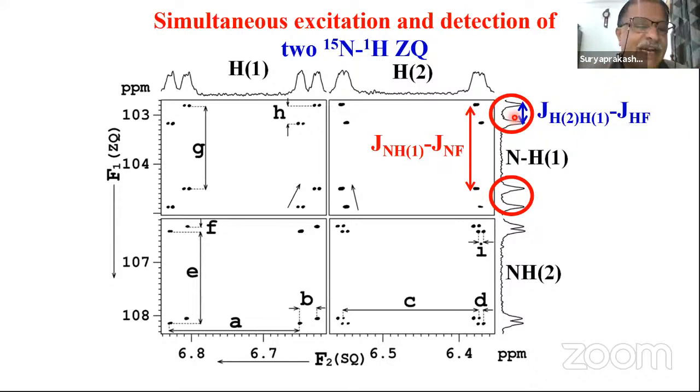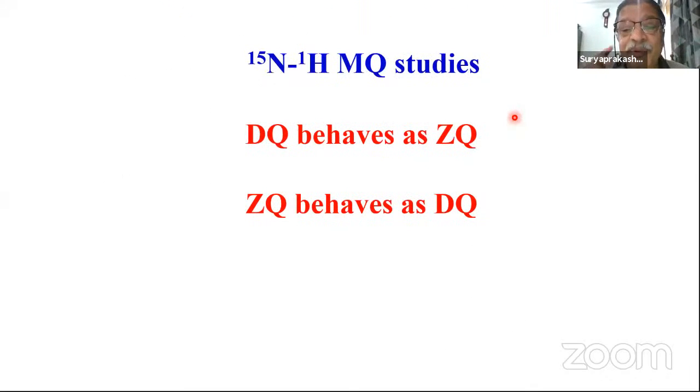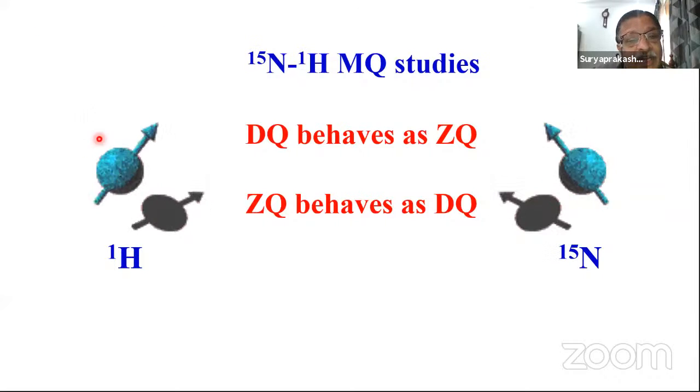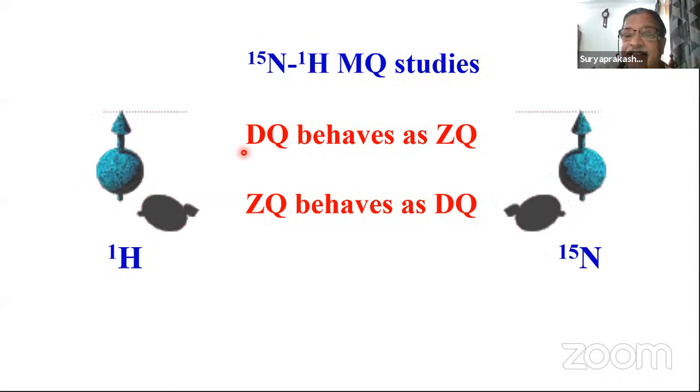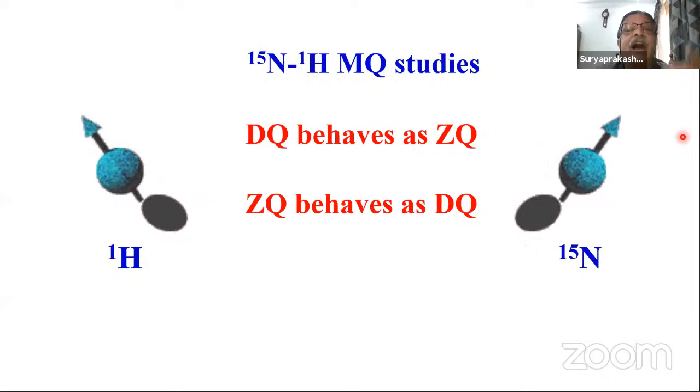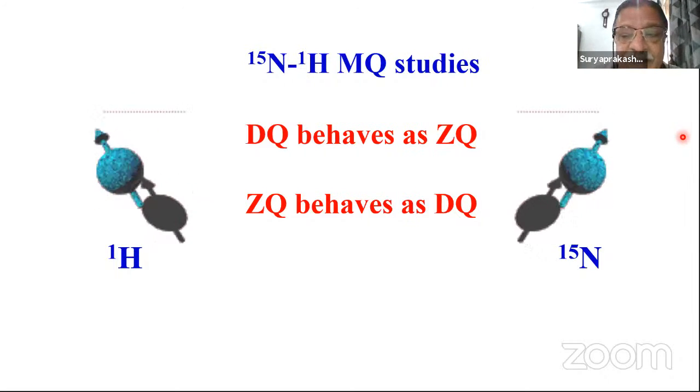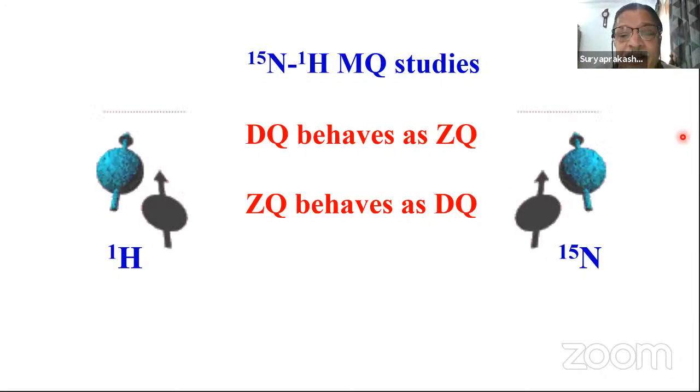Then why does it not agree with the hydrogen bond geometry? The real problem is this, and most of you chemistry students, especially beginners and research scholars, please understand: when I detect nitrogen 15, it has a negative magnetic moment. So if the proton spins in a clockwise direction, nitrogen precesses in an anti-clockwise direction in a magnetic field because of the negative magnetic moment.